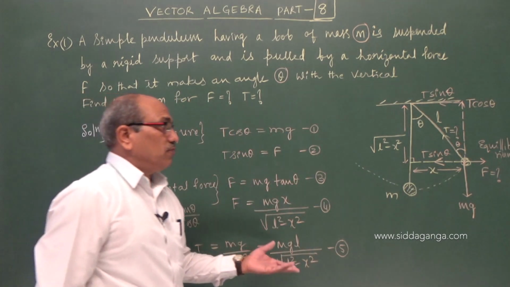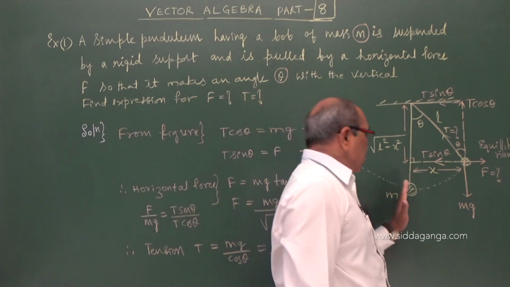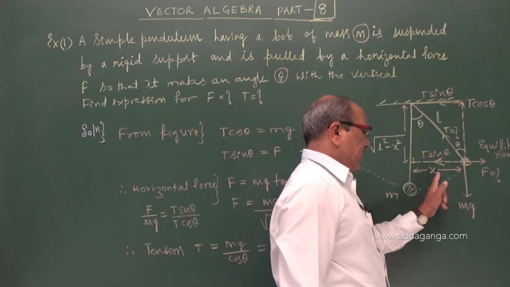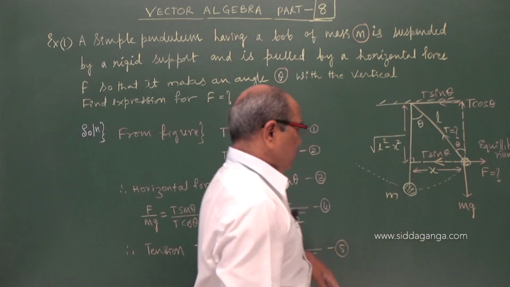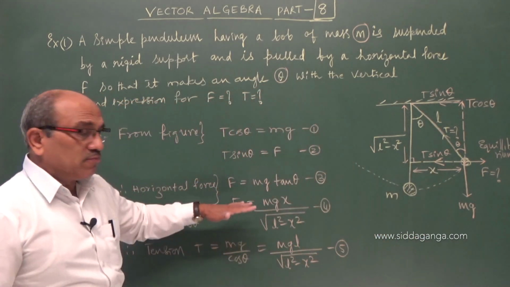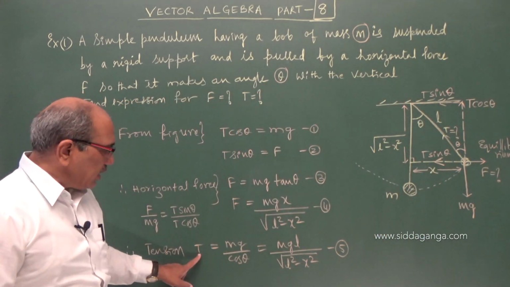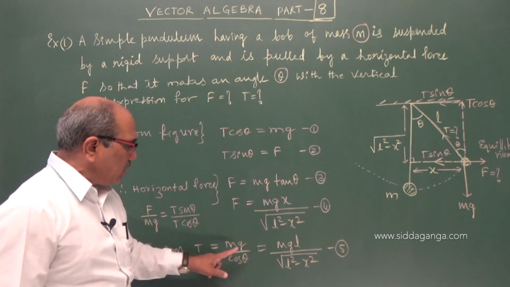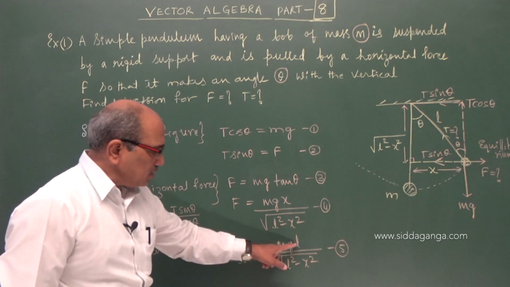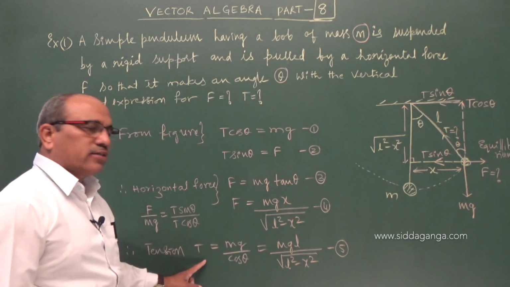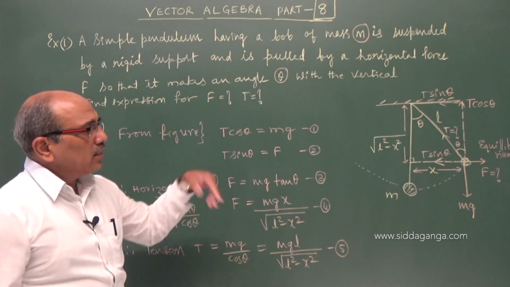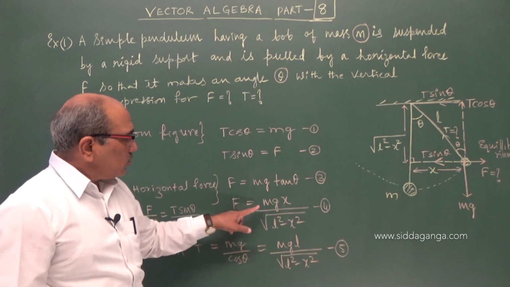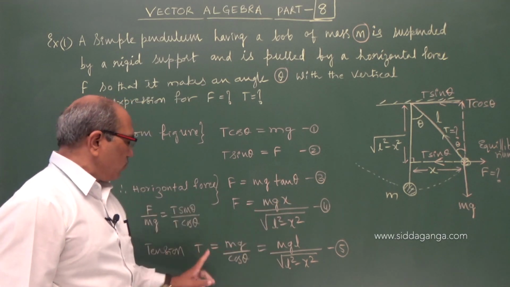If they give L and x, or the height by which you can calculate x, then in other, different forms I am saying, T can be calculated knowing theta and M. Sometimes they give L and x, and we can calculate. Instead of theta, if they give L, x can be estimated. So mgx upon this is a force.